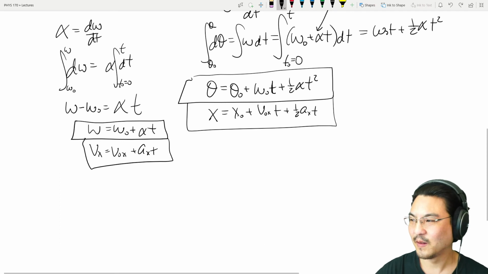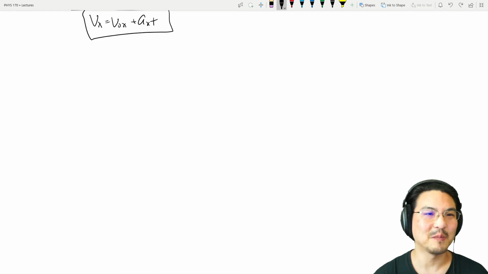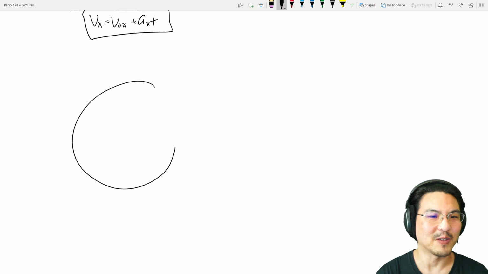Okay, and then how does one relate to the other? Linear systems and rotating systems. So let's go back, like if you have a circle. If you, let's say, start over here and go over here, how far is this?